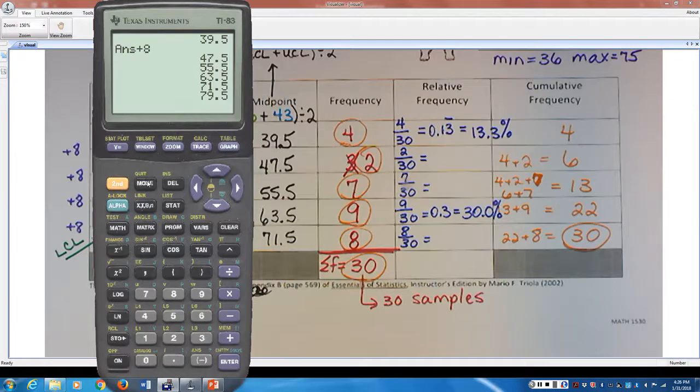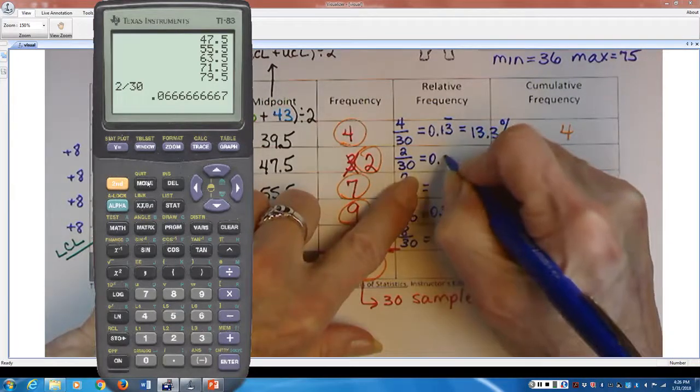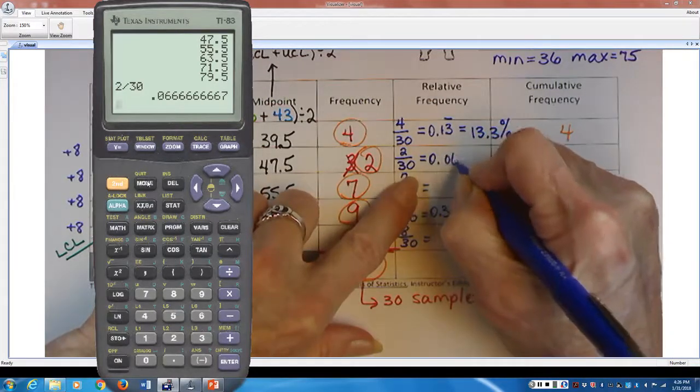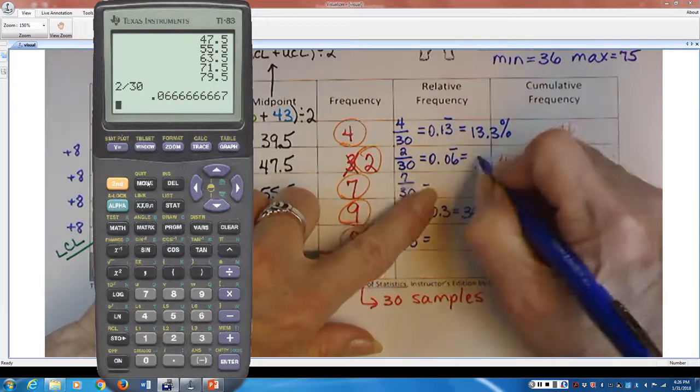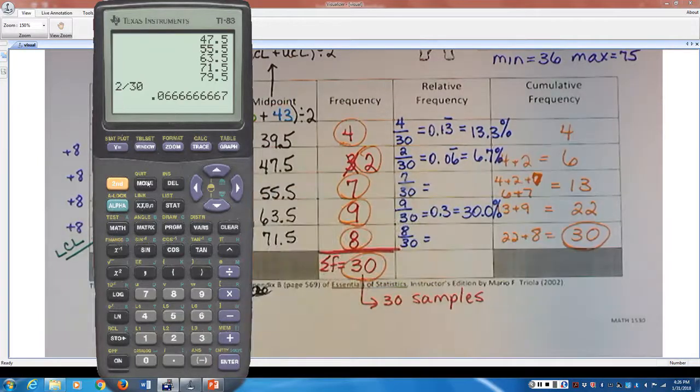So 2 over 30 is 0.6666, which is going to be 6.7%. You want to round that one up because it's 6.6 repeating percent, so that's going to be 6.7.